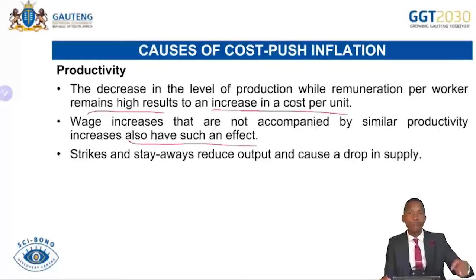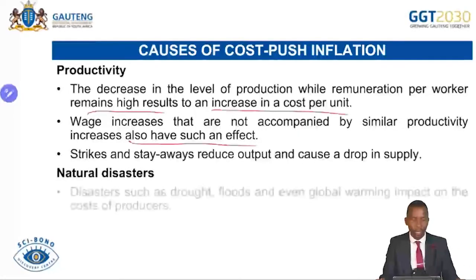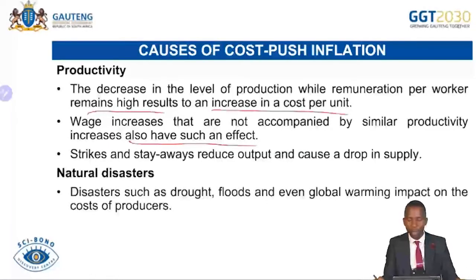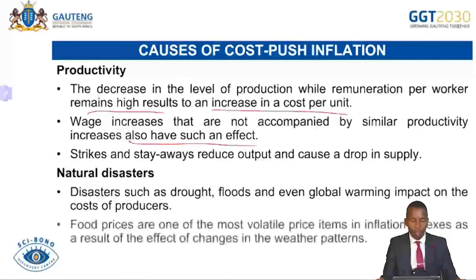So the decrease in supply will always lead to higher prices within the market or within the economy. Natural disasters such as the drought, floods, and even global warming impact on the cost of producers negatively. Food prices are one of the most volatile price items in inflation indexes as a result of the effect of changes in weather patterns.